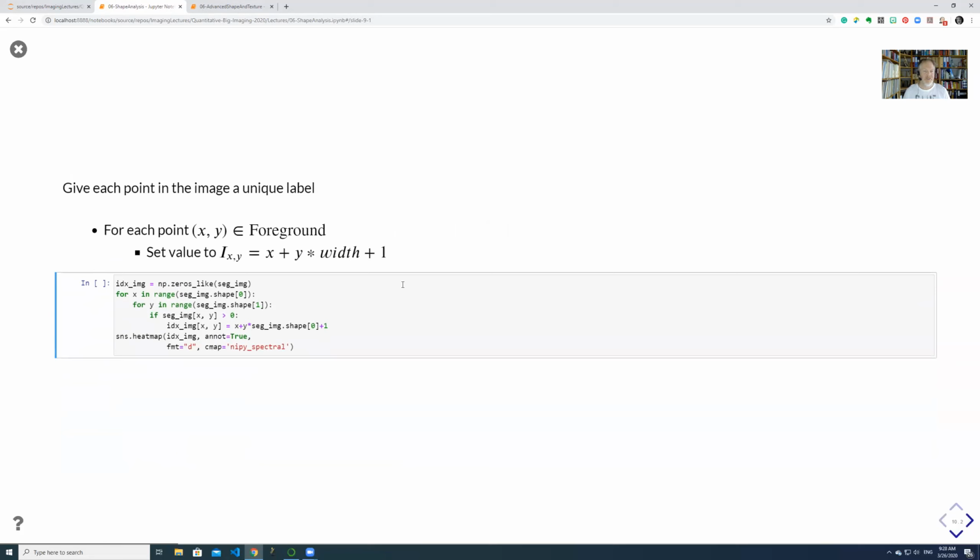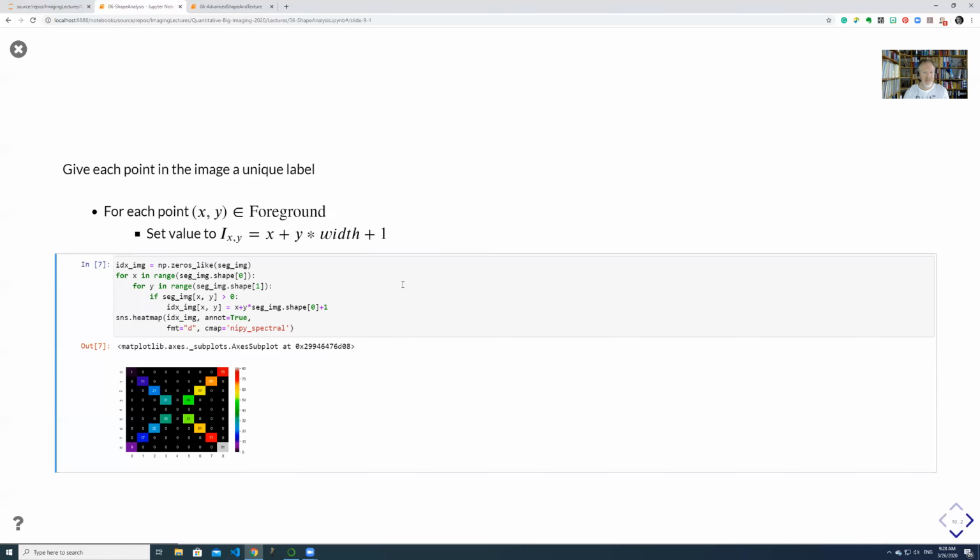Yeah, there it is. So what we do is now we start giving a starting assignment. Each pixel in the image that is foreground will get a value, and the value is the position of that pixel. And that is the first step as an initialization.